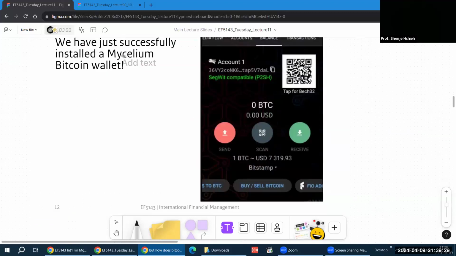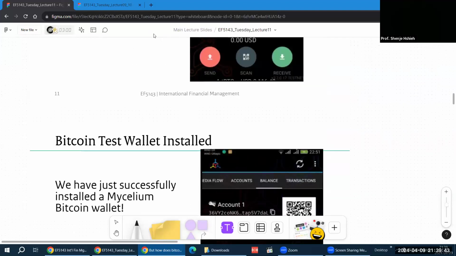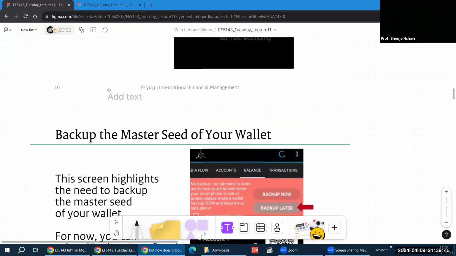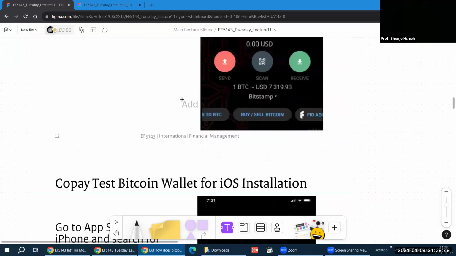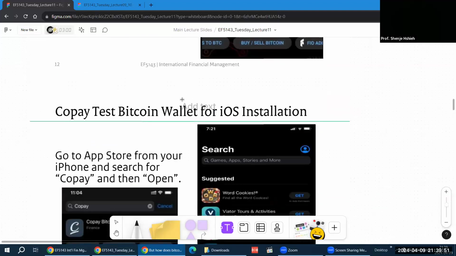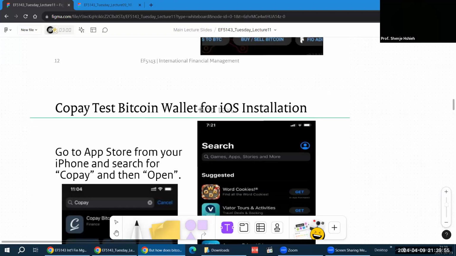Like all programming, it's good practice to have what's called a testing place to test your code. And Bitcoin also has a so-called test net in which you can play with dummy money. And certain wallets allow you to make exchanges and transactions with this dummy money. And that's exactly what I'm going to show you now, just to show you, indeed, it takes about 10 minutes for transactions to be verified.